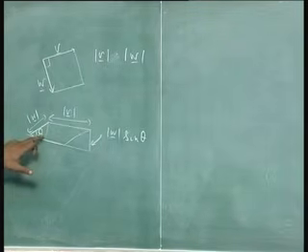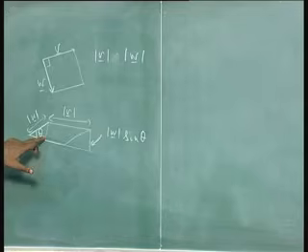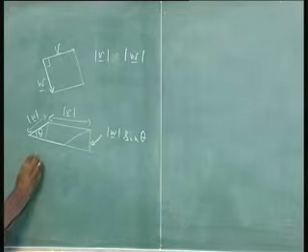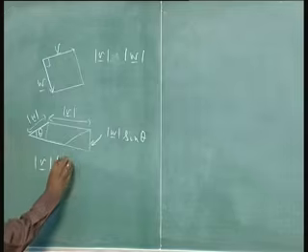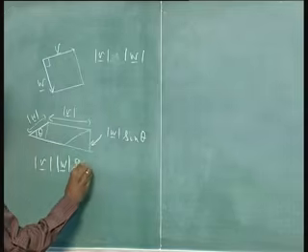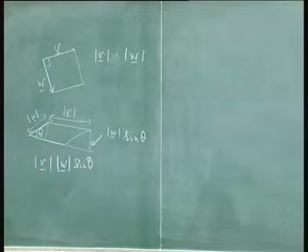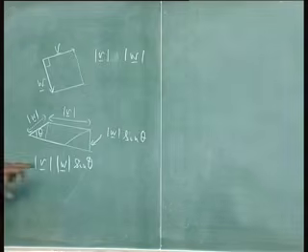So, the area of this parallelogram is the same as the area of the rectangle, magnitude V magnitude W sin theta. And this is the same formula that you get for the cross product. You can see that the cross product deals with sin theta.